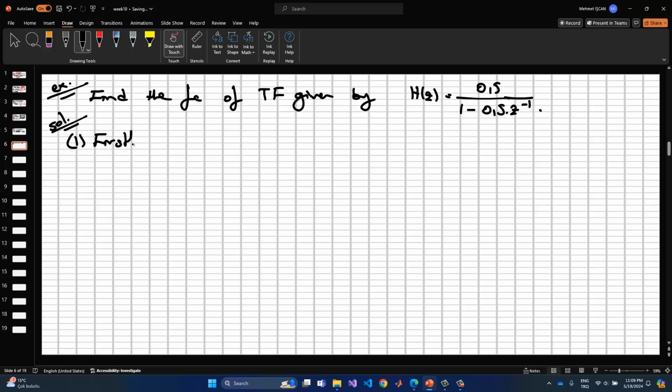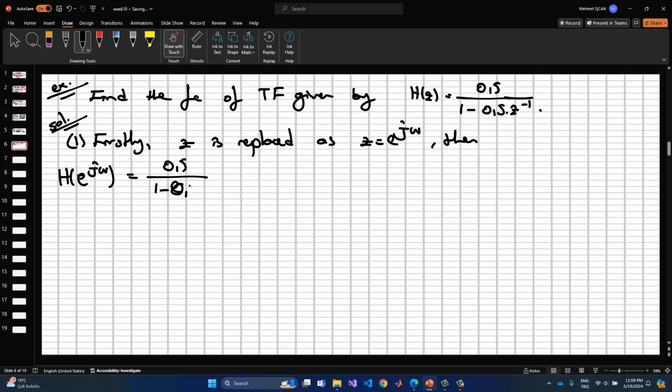Firstly, z is replaced with e^(jw), and then we can write H(e^(jw)) equals 0.5 divided by (1 minus 0.5 times e^(-jw)). We also have a minus term here because this is the z over minus 1.